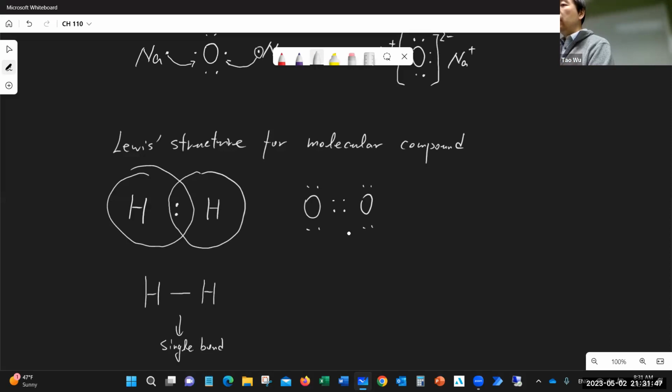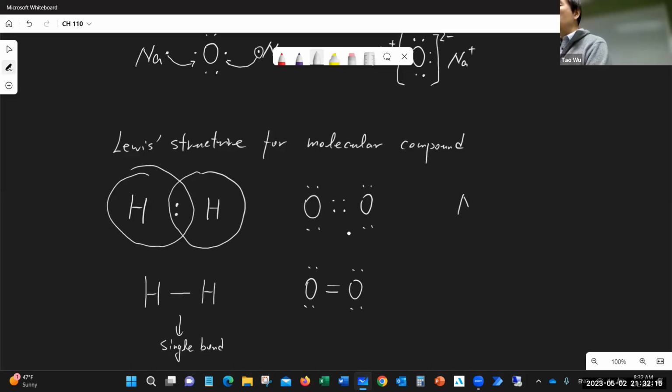So instead of one shared pair, we now have two shared pairs. The two pairs of shared electrons become a double bond. One pair becomes a single bond. Two pairs become a double bond.